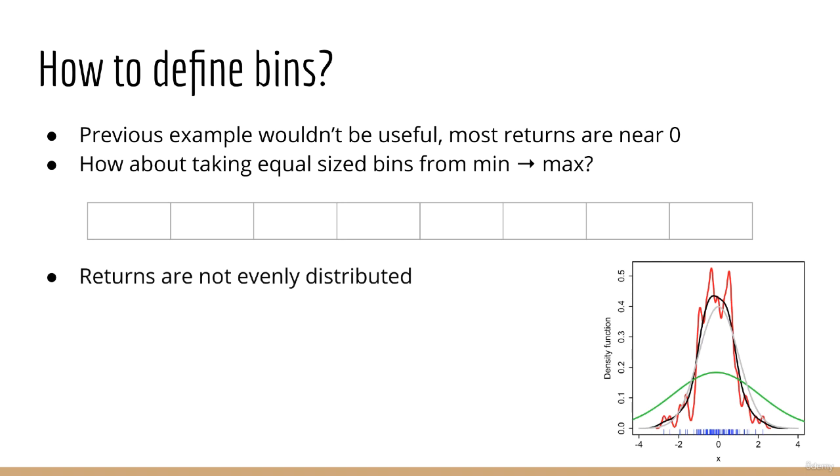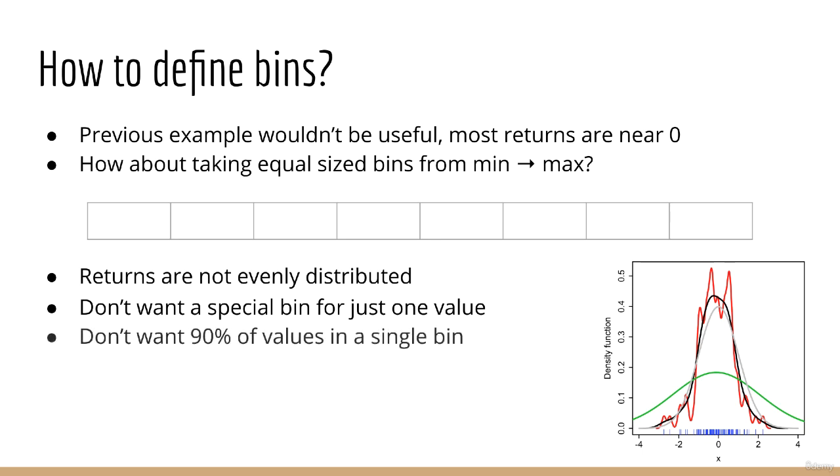Some values are very likely, usually the ones around 0, and some values are very unlikely. You don't want a special bin to take care of some extreme return that you only saw once. Conversely, you don't want to throw 90% of your returns all into the same bin. Then your model will have trouble learning anything useful. You don't want everything you see to be represented by the same state.